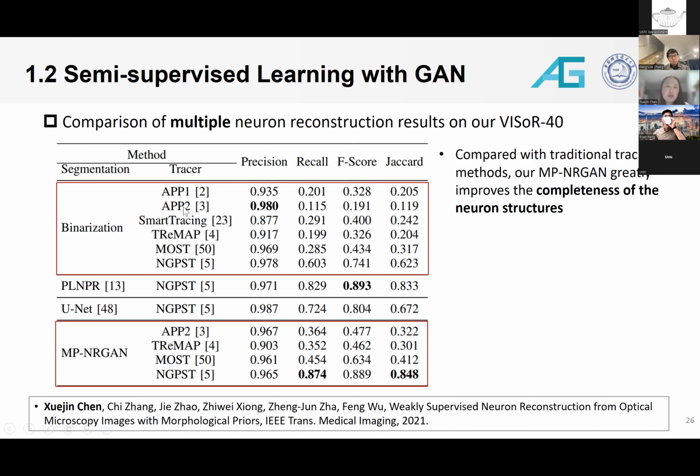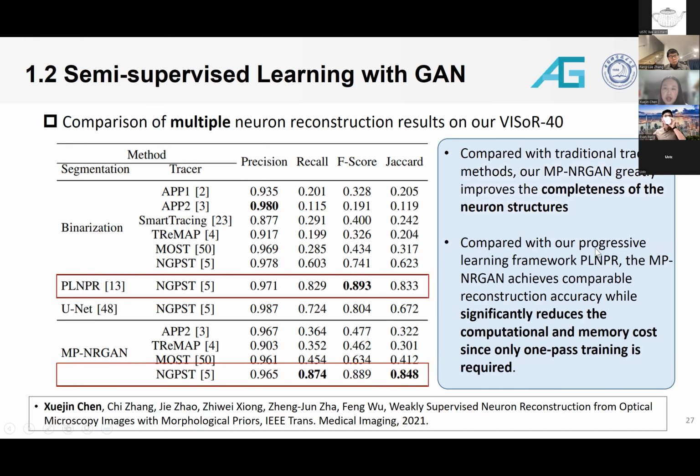Compared with different traditional neural tracers, our method can significantly improve the completeness of the reconstructed neural structure. And compared with our progressive learning framework, this MP method again achieves comparable reconstruction accuracy, but it significantly reduces the computational and memory cost since only one-pass training is required.